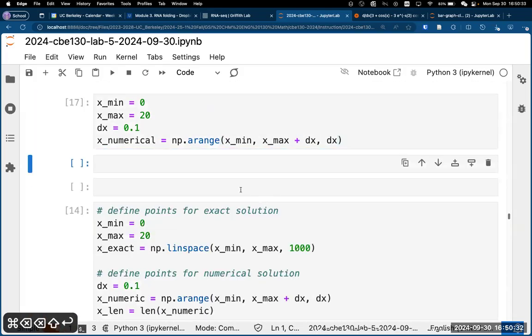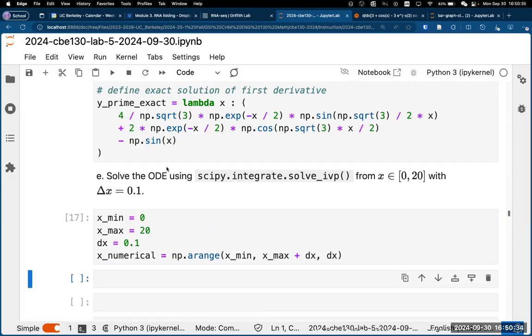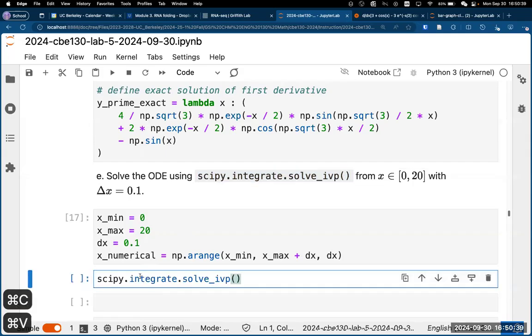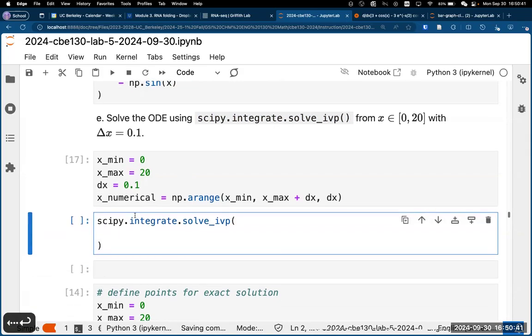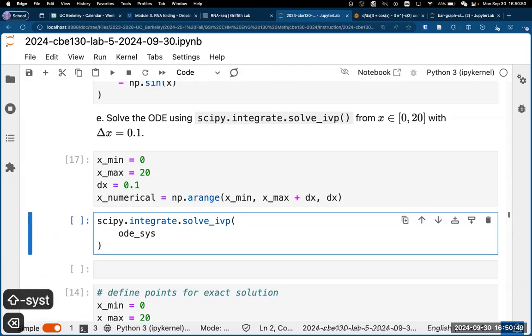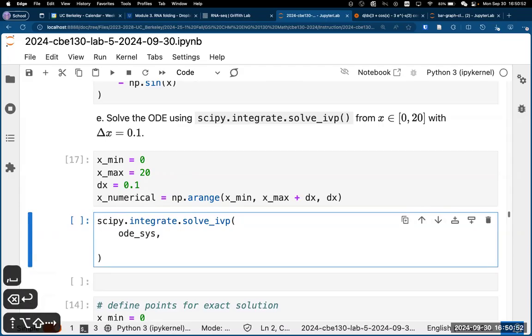Okay, after having the points, we want to define the ODE system. So remember last time, in SciPy's integrate solve_ivp, the first thing is the function. So in this case, instead of a first order ODE, we have a system of ODEs.